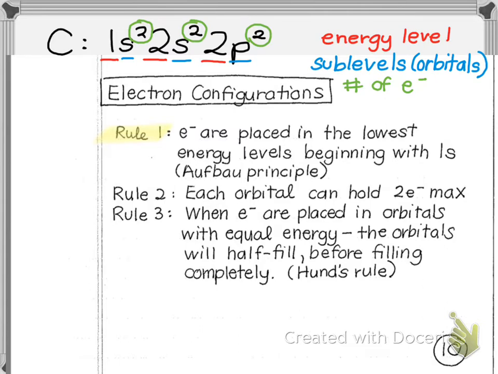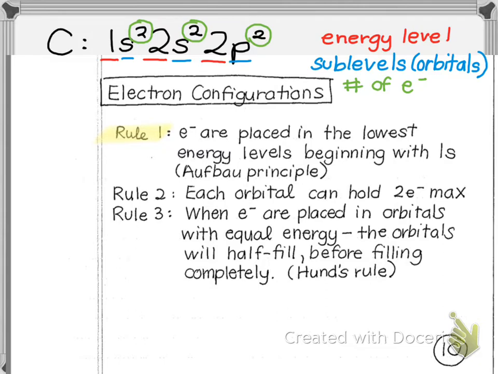These rules I won't ask you to write down verbatim, but I want you to understand that the electrons will want to fill whatever's the lowest energy, and then as they move, they'll keep filling up, however many electrons there are, from lowest to highest energy.